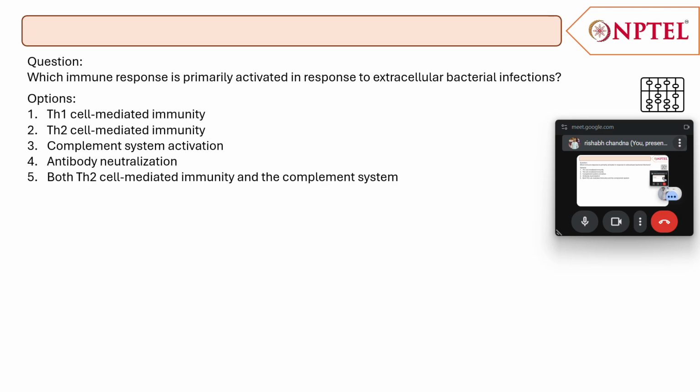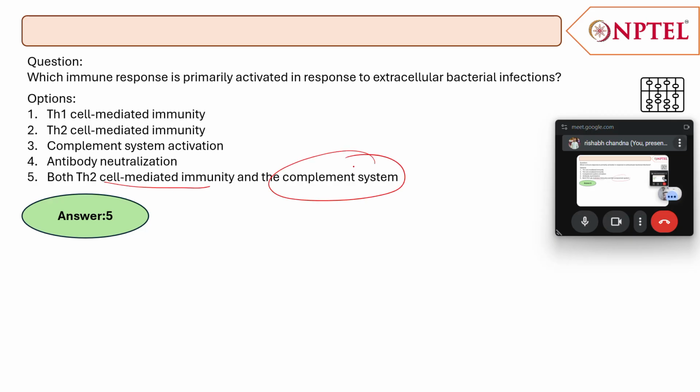So the correct answer is option 5. That means both Th2 cell mediated immunity and the complement system help in making our immune response against extracellular bacterial infections.